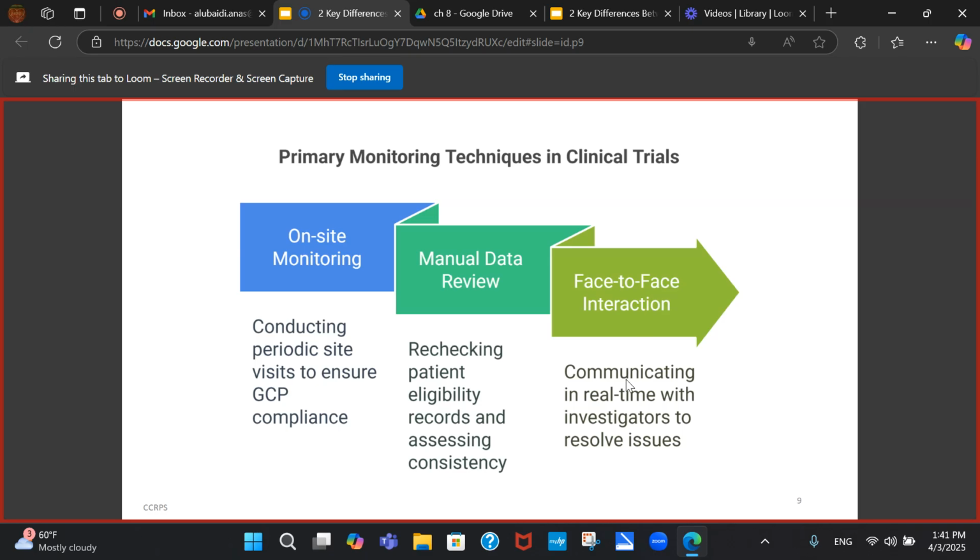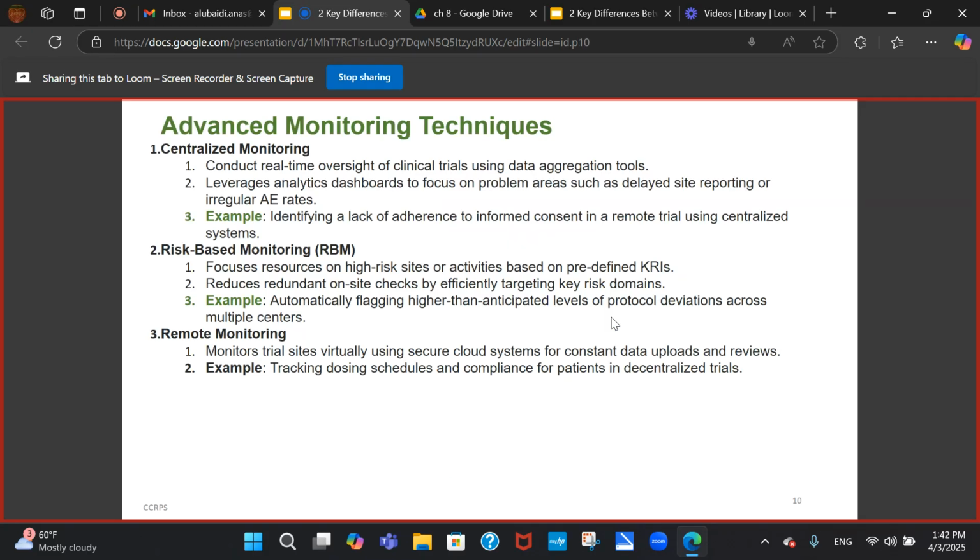With this face-to-face interaction, communicating in real time with investigators or any other member from the investigator staff, research site staff, to resolve issues. So 3 elements that are the main elements in the techniques of primary monitoring: on-site monitoring, manual data review, and face-to-face interaction.